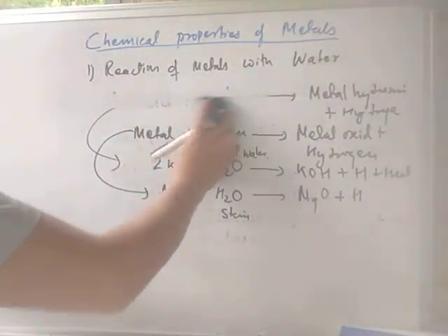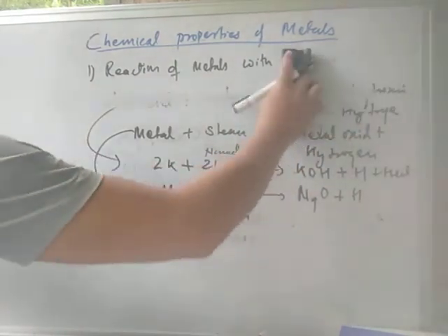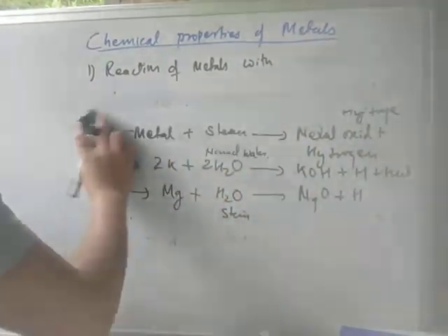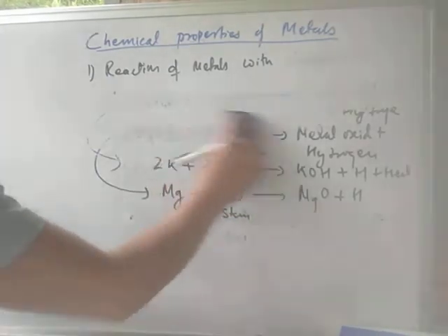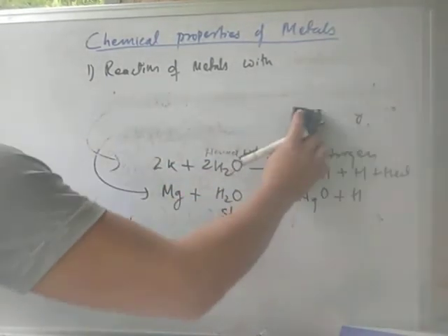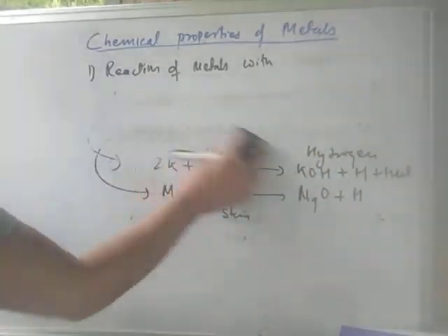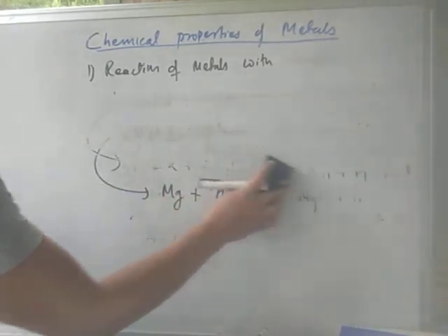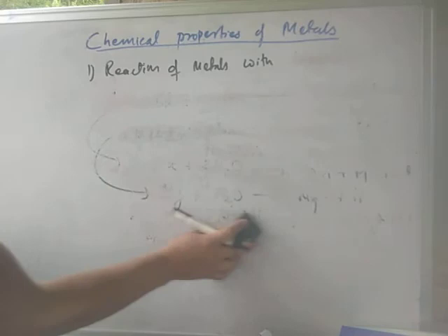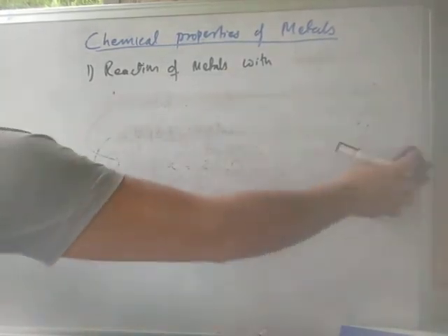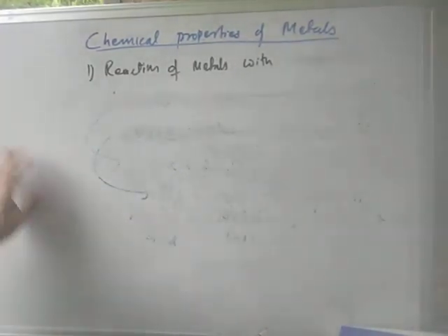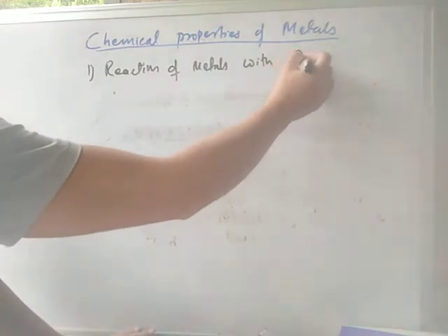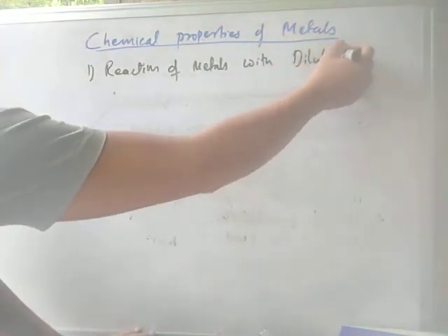Okay, next write down: metals react with dilute acid. Dilute means some amount of water is there, not concentrated. Clear? So next one is metals react with dilute acid, D-I-L-U-T-E.